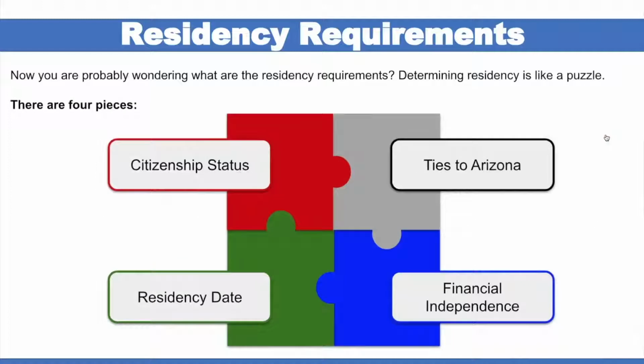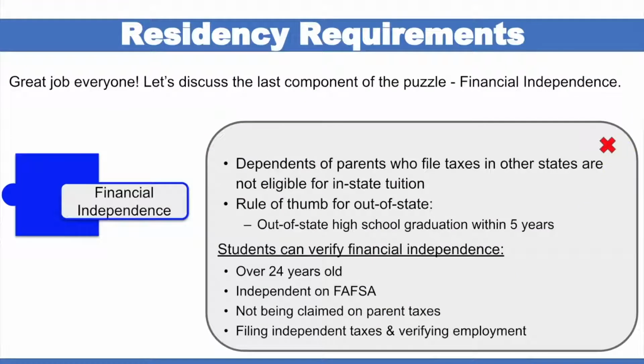Great job, everyone! Let's discuss the last component of the puzzle, financial independence. Verifying financial independence can sometimes be the trickiest part of the residency process. Students who are claimed by parents in other states are considered out of state for tuition purposes. Information regarding high school graduation provides guidance in determining whether a student is still likely to be claimed on out-of-state parent taxes.